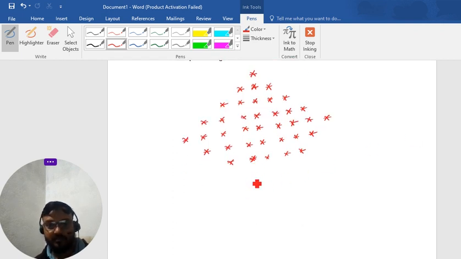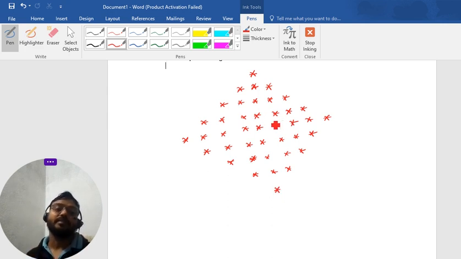Diamond set. It will be here and here and there. Just adjust that, then it will be star. That's it. Now this is my pattern.